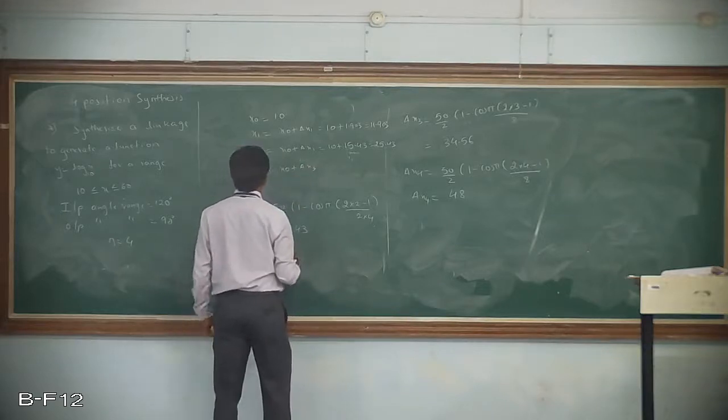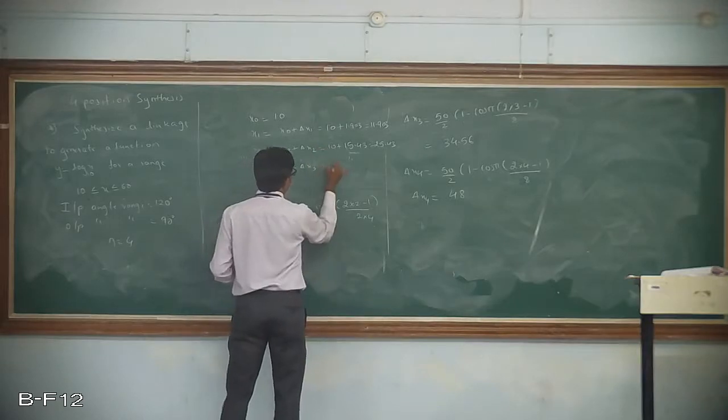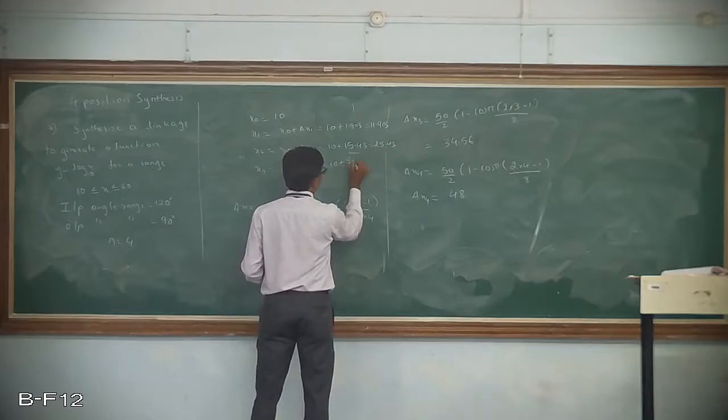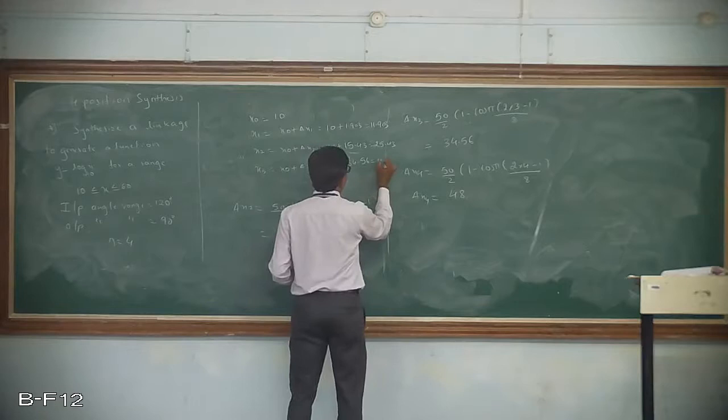Sorry, this was delta x2. x3 will be 10 plus delta x3, which is 34.56, which will be equal to 44.56.